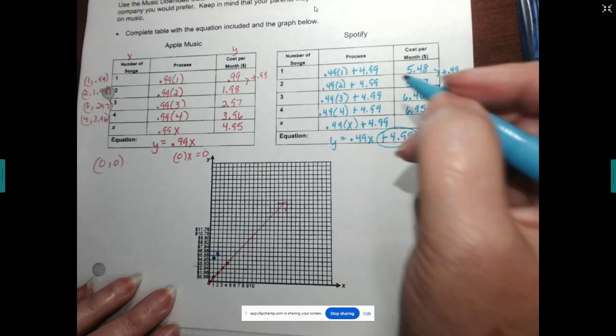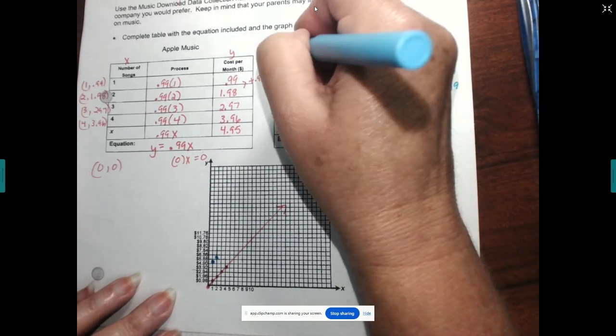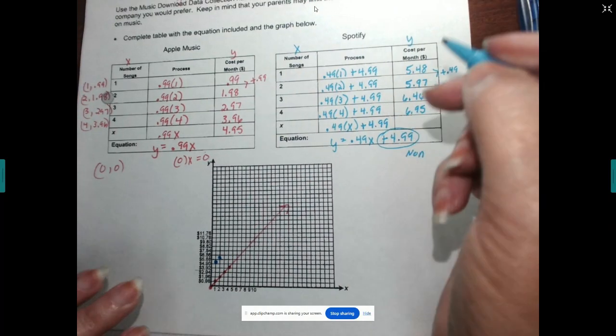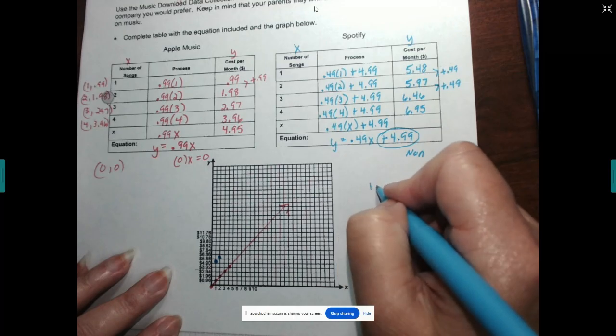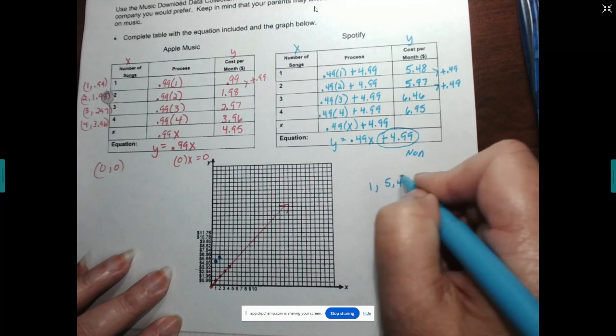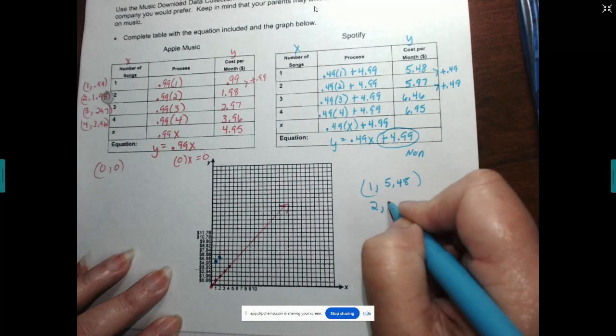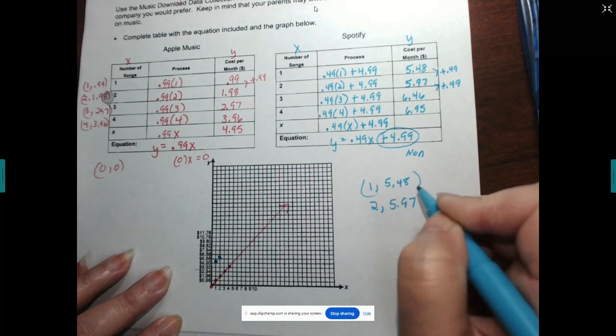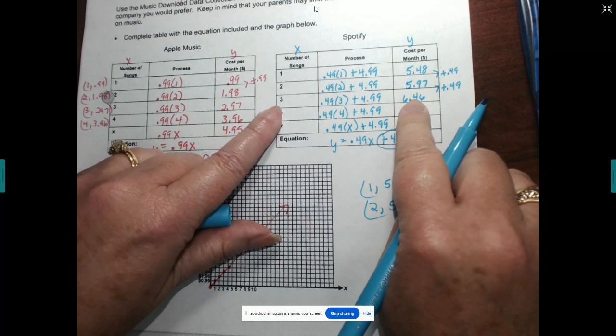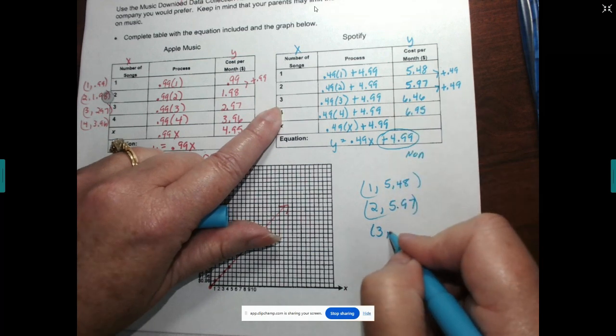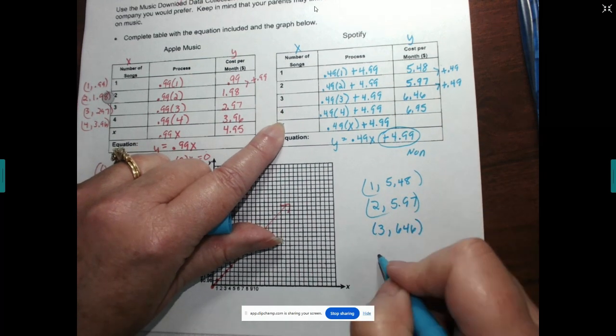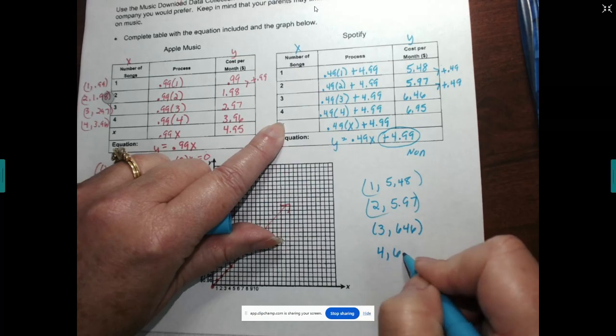3 songs, and in case you're not seeing what I'm doing, x, comma, y. I'm doing 1, 5.48; 2, 5.97, getting it from the table here; 3, 6.46; 4, 6.95.